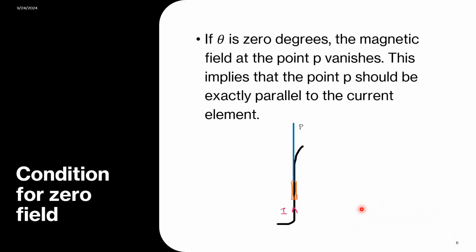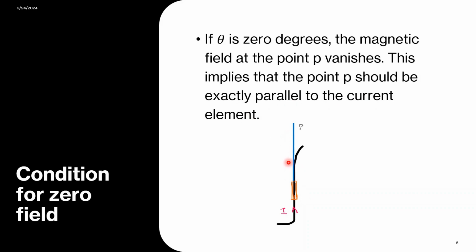If theta is 0 degrees, you know that sin 0 equal to 0. Therefore, the magnetic field is also 0. If theta is 0 degrees, the magnetic field at the point P vanishes. This implies that the point P should be exactly parallel to the current element.